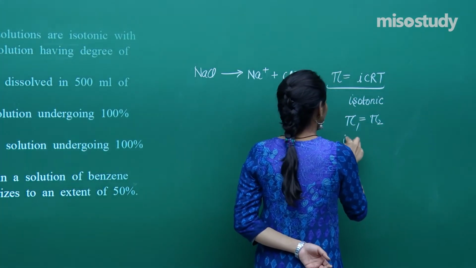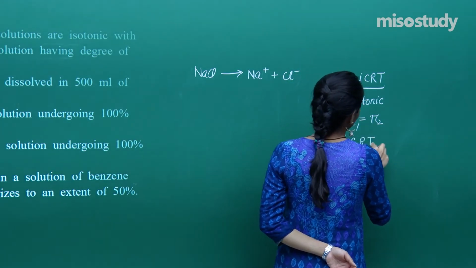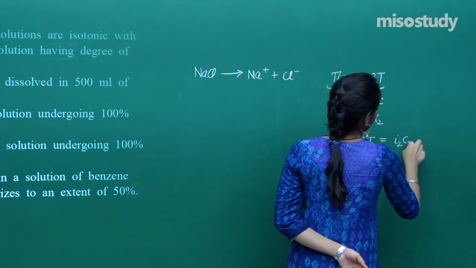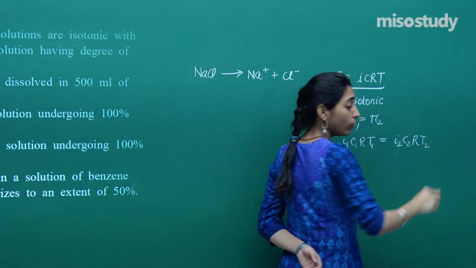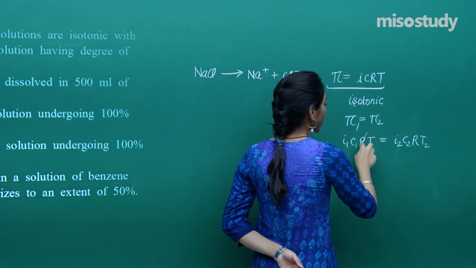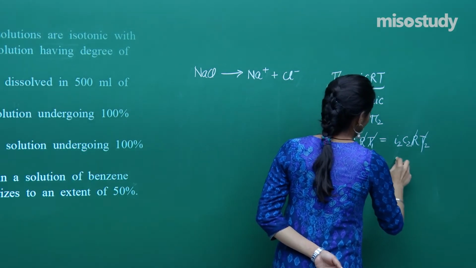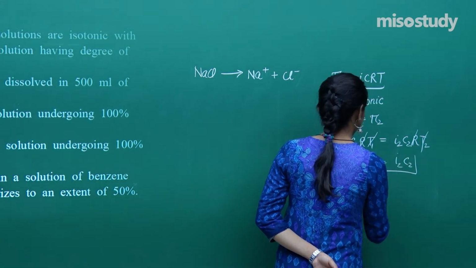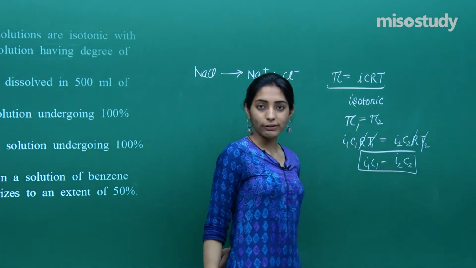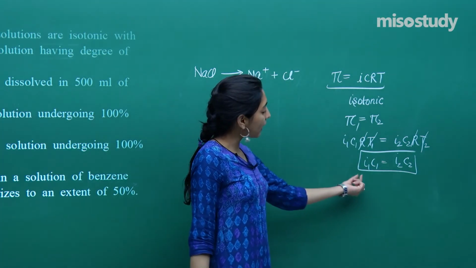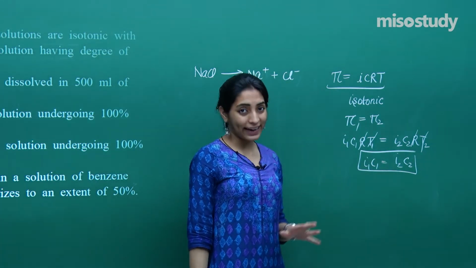So I1 C1 R T1 is equal to I2 C2 R T2. But R is constant, temperature is also constant. So I just need to make sure that I1 C1 should be equal to I2 C2. Let us first calculate the value of i for NaCl.